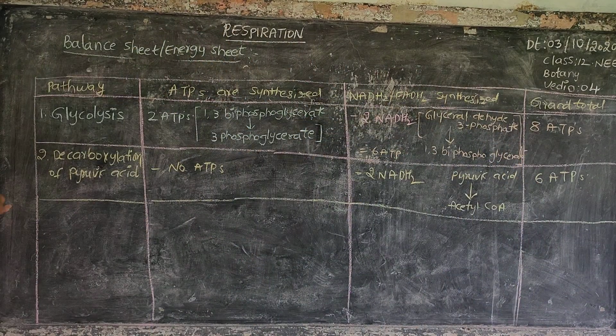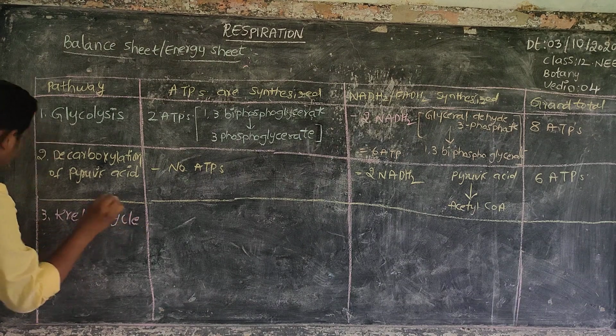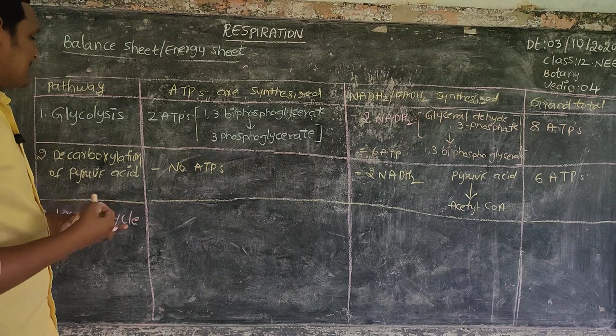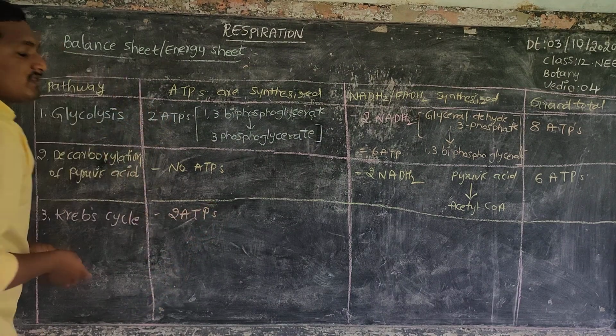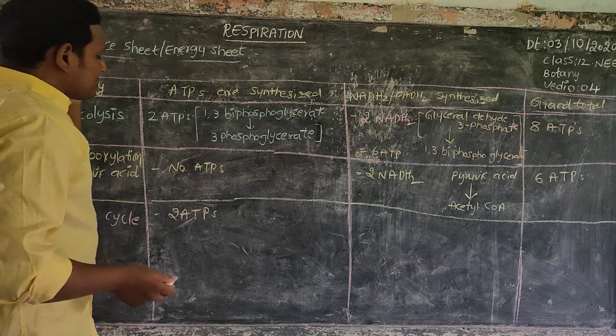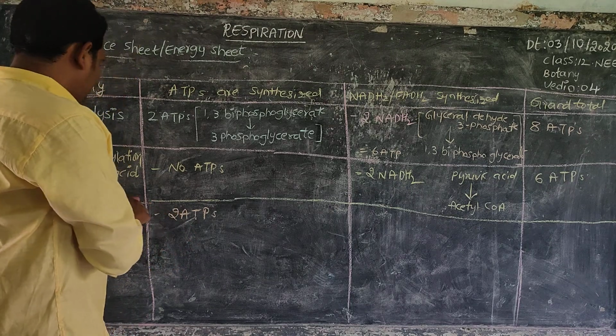Next cycle, that is the Krebs cycle. In the Krebs cycle we are getting 2 ATPs. Where?